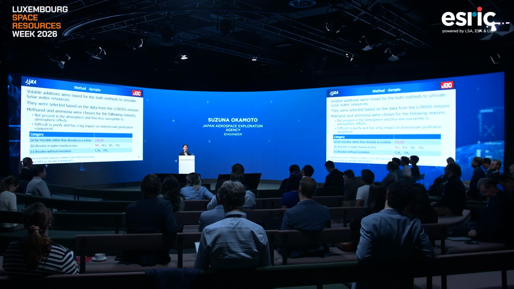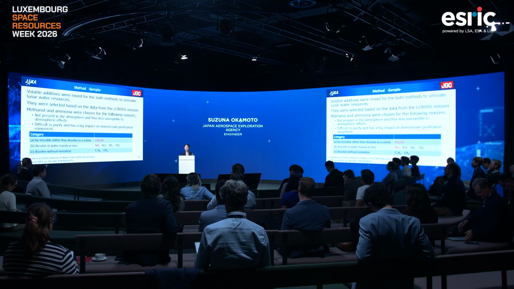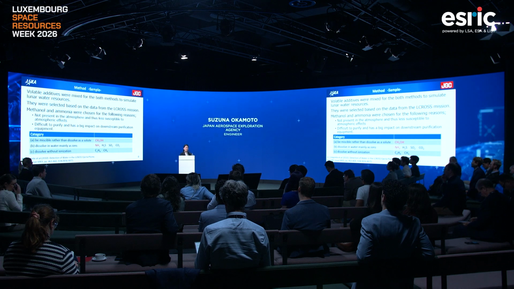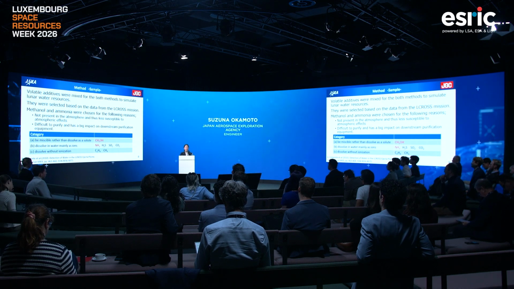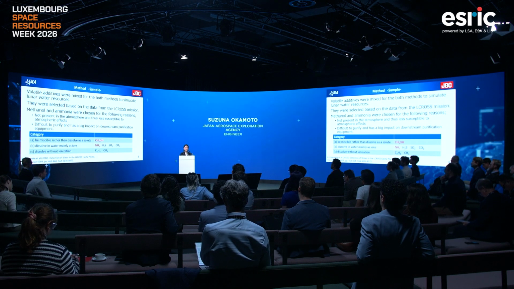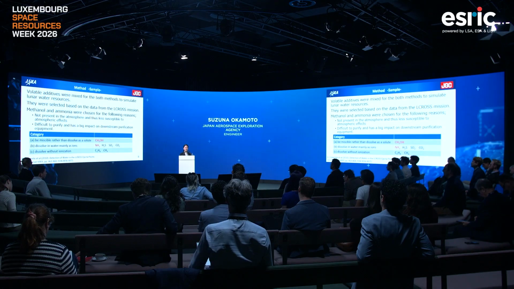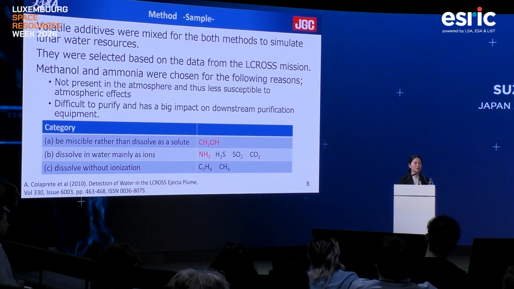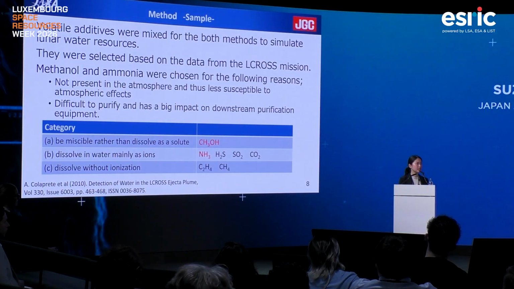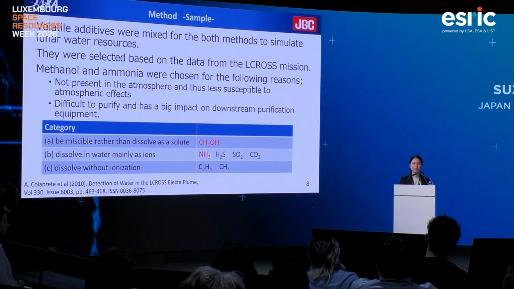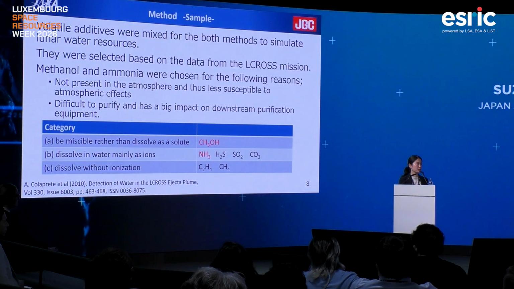And the second reason is that they are difficult to purify and have a big impact on downstream purification equipment. It is the reason why we didn't choose any additives from category C, because we saw that they are relatively easy to remove after the downstream purification equipment.